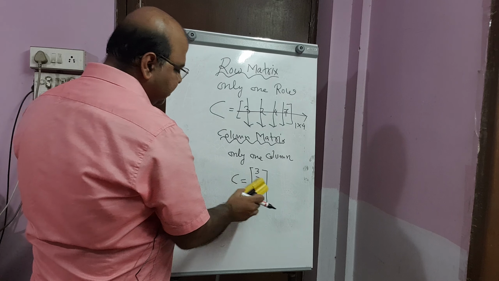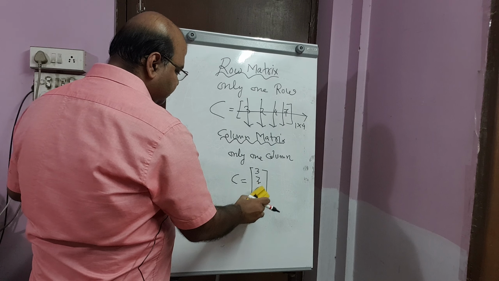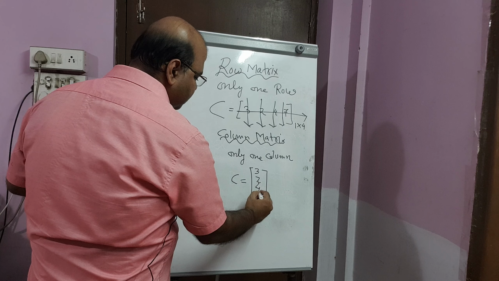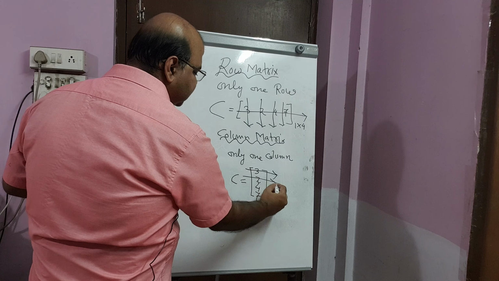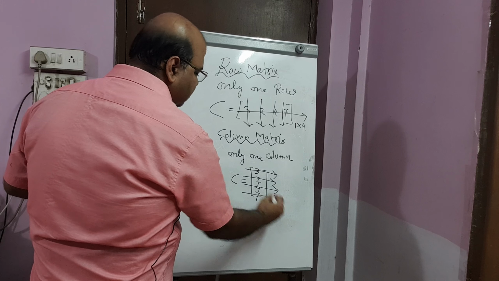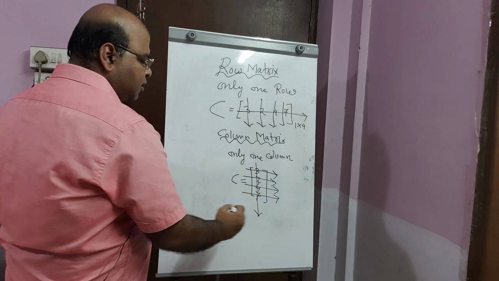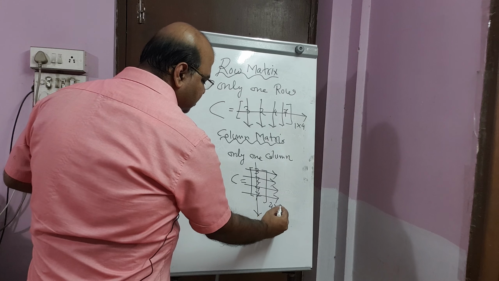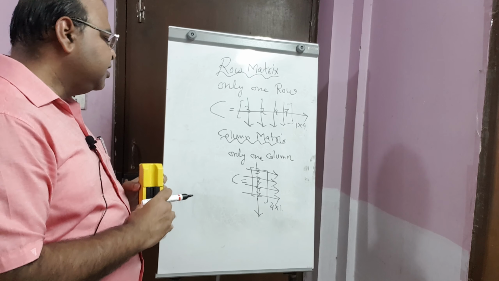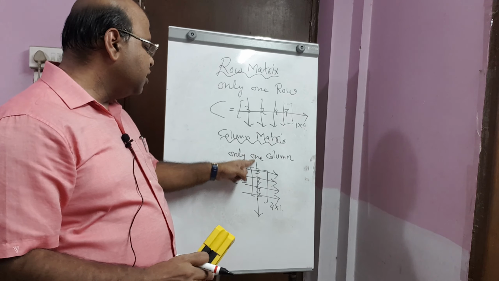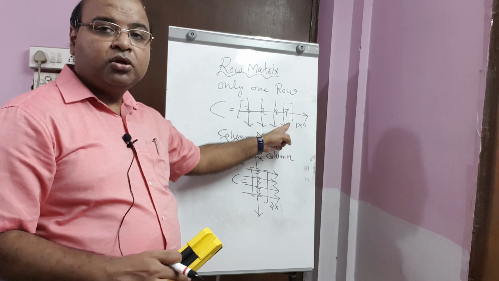Now as you can see, here we have 4 horizontal lines but only one vertical line. So here we have 4 rows and 1 column. So the order is given by 4 by 1. So this is a column matrix. Here we have a row matrix.